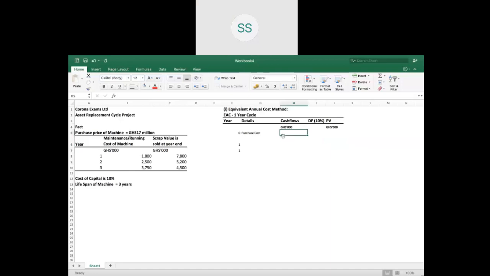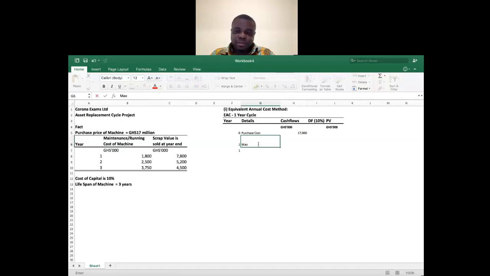All right, so the purchase price is 17 million. That's year zero. Then year one, we have the maintenance slash running cost.